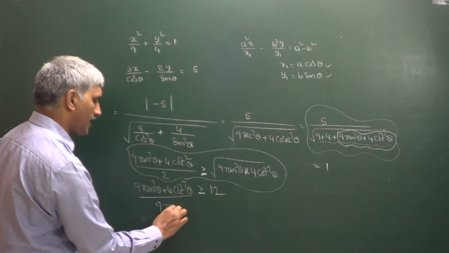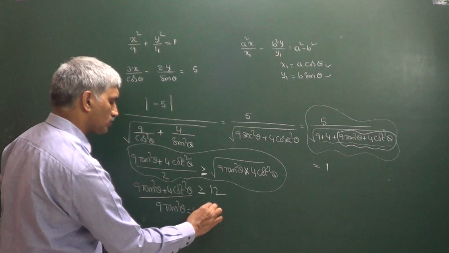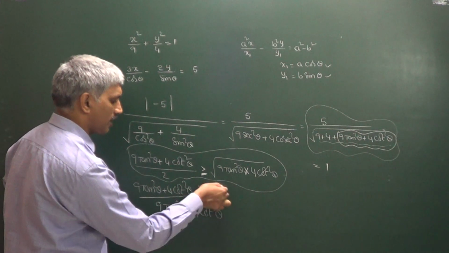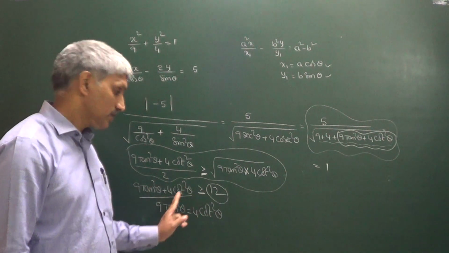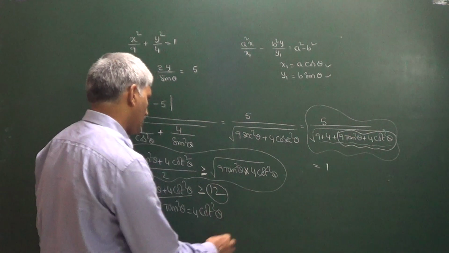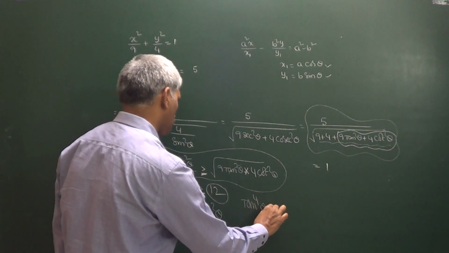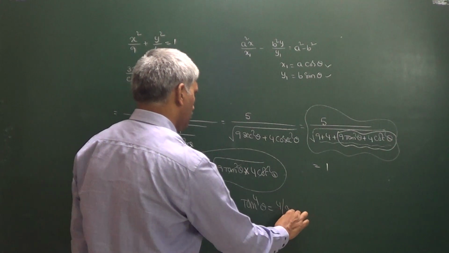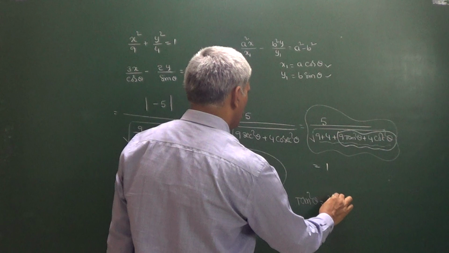That means 9 tan square theta is equal to 4 cot square theta. Then only you will get this 12. Equality is possible only when those two numbers are the same. So now I can write tan to the power of 4 theta is equal to 4 by 9. Therefore we get tan square theta is equal to 2 by 3.